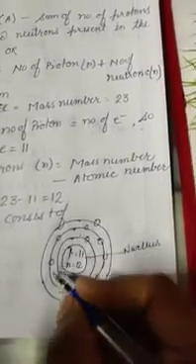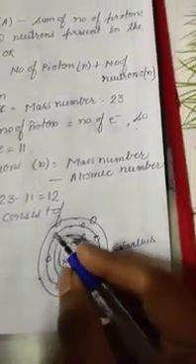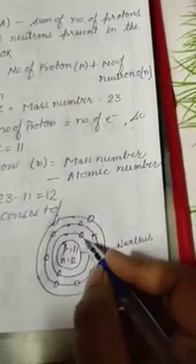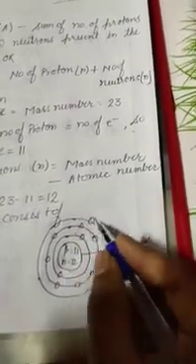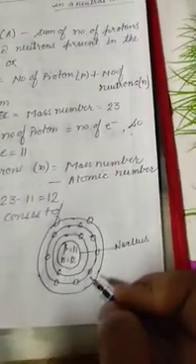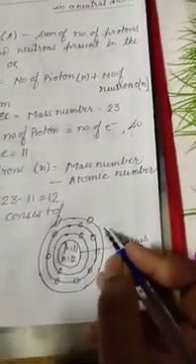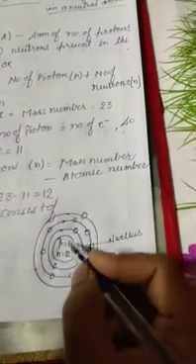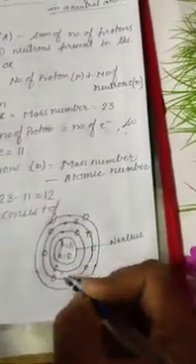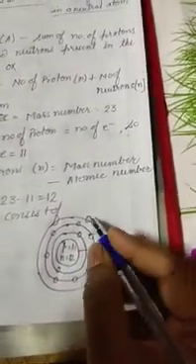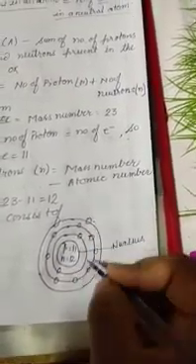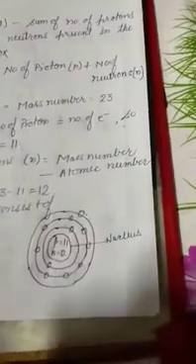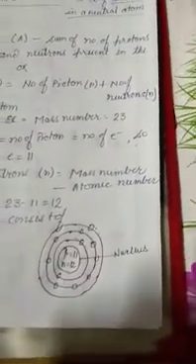And there are three shells, 1, 2, and 3, present outside the nucleus in which electrons are arranged. In the first shell there are 2 electrons, in the second shell there are 8 electrons, and in the outermost shell there is 1 electron. So this is the arrangement of electrons of the sodium atom.